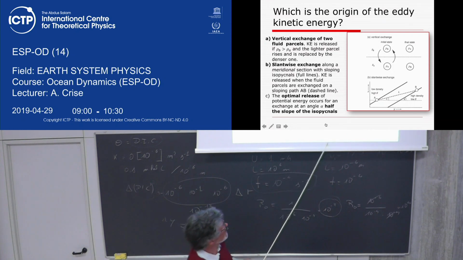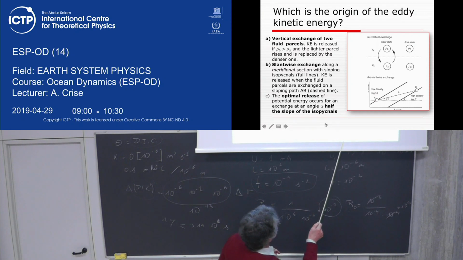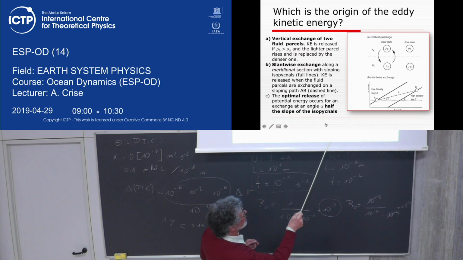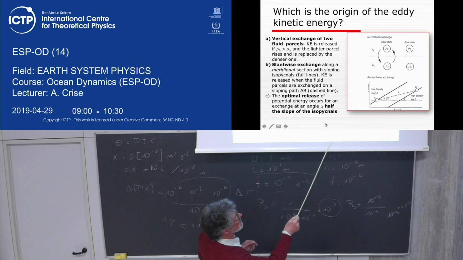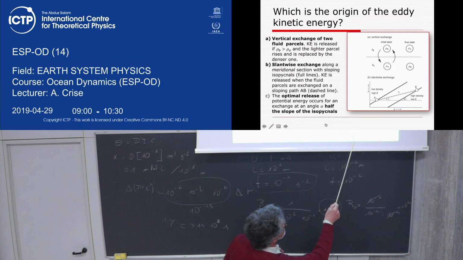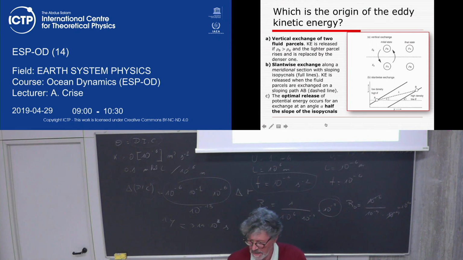In case the rho A density is smaller than rho B, this is the final state, and it happens naturally because of Archimedes' principle.